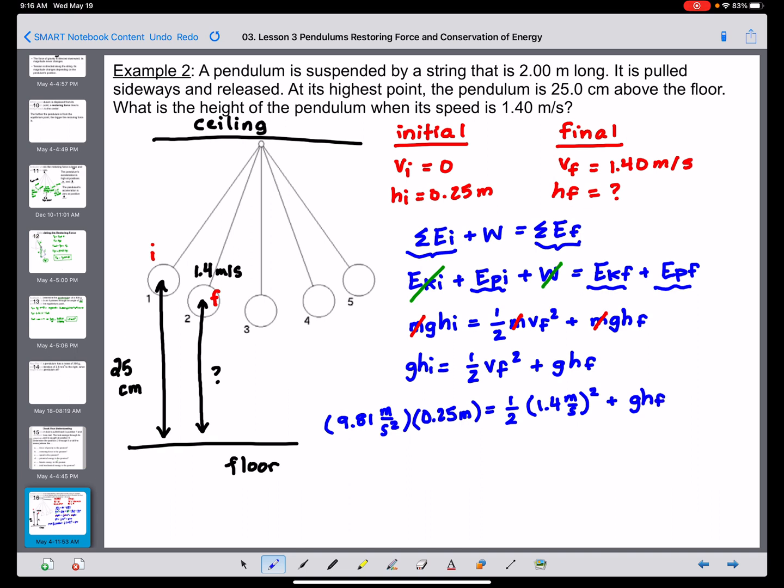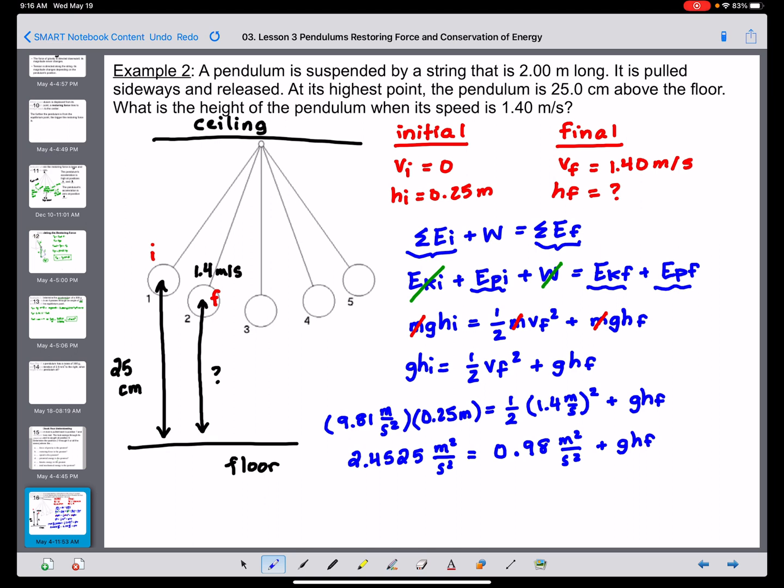And since I don't know what hf is, I'm just leaving ghf as variables right now. Putting this in my calculator, so 9.81 times 0.25, that's 2.4525. And the units for that would be meters squared over seconds squared. And then 1/2 times 1.4 squared, that's 0.98 meters squared per second squared, plus ghf.